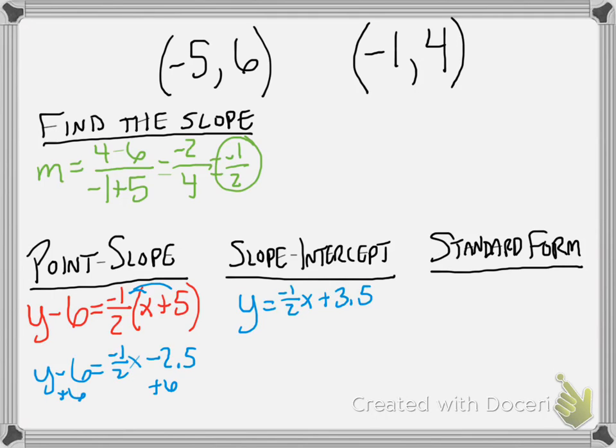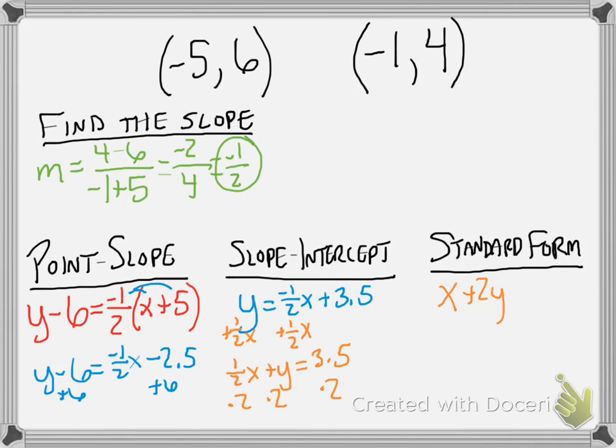Standard form is a little more complicated. We want to get x and y to the same side, get rid of all fractions, and make sure that our x coefficient is a positive number. So as I get x to the left, I need to add 1/2 x to both sides. So I end up with 1/2 x plus y equals 3.5.